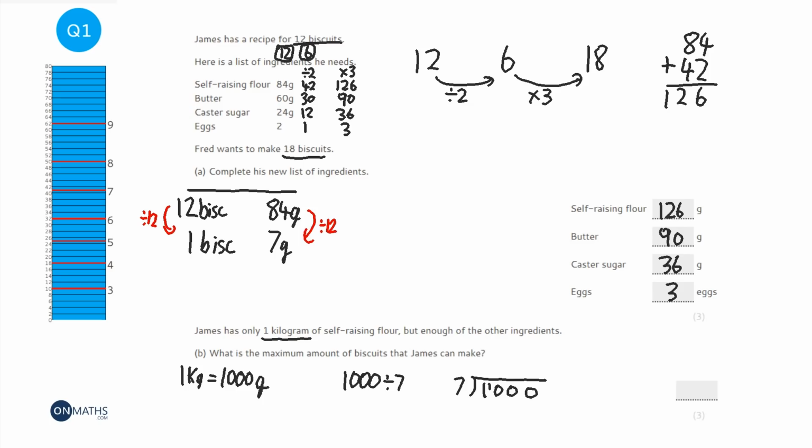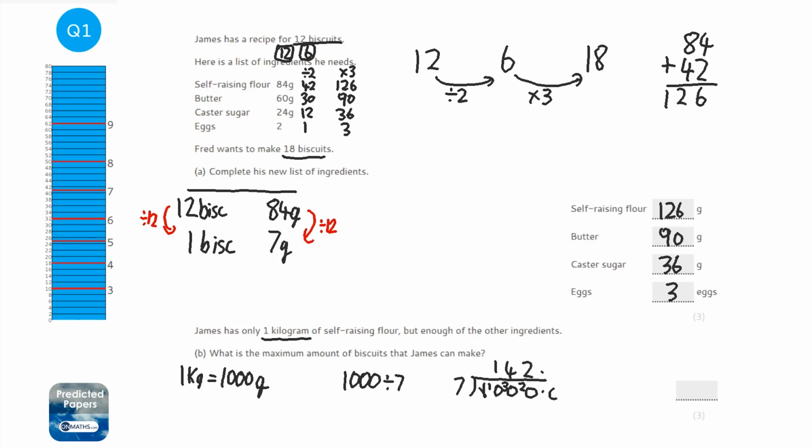7s into 1 don't go, so that 1 carries on. 7s into 10 go once, and then we carry the 3. 7s into 30, well, 5 times 7 is 35, and 4 times 7 is 28, so it's going to be 4 with 2 carried on. 7s into 20, well, 7 times 3 is 21, 7 times 2 is 14, so it's going to be 2.